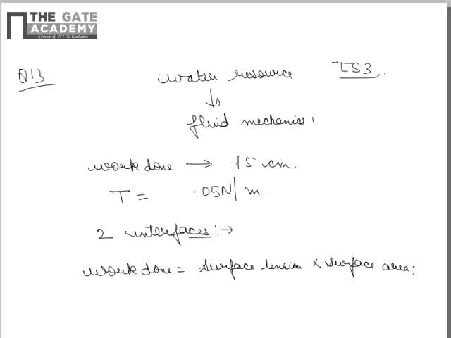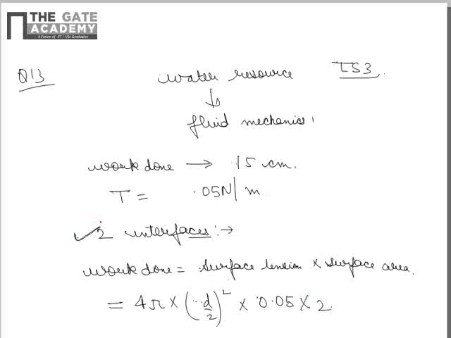Now the surface area of a soap bubble can be calculated as 4 pi into (d by 2) whole squared, multiplied by the surface tension, which is given as 0.05 multiplied by 2, because here we are having two interfaces.